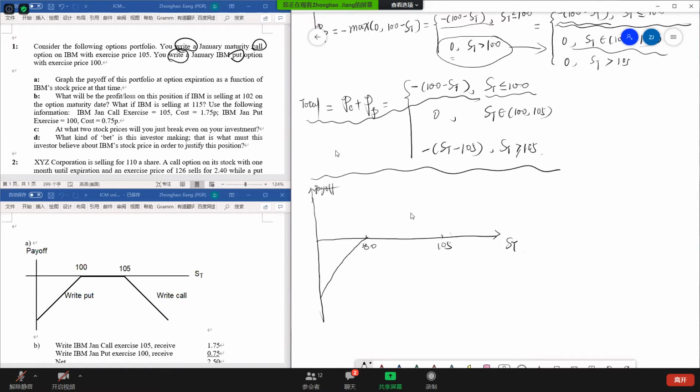And when the stock price is between 100 and 105, it is 0, so a straight line at 0. And when the stock price is larger than 105, it's this. Then the graph is derived. And based on this formula and this graph, we can solve question B, question C, and question D.